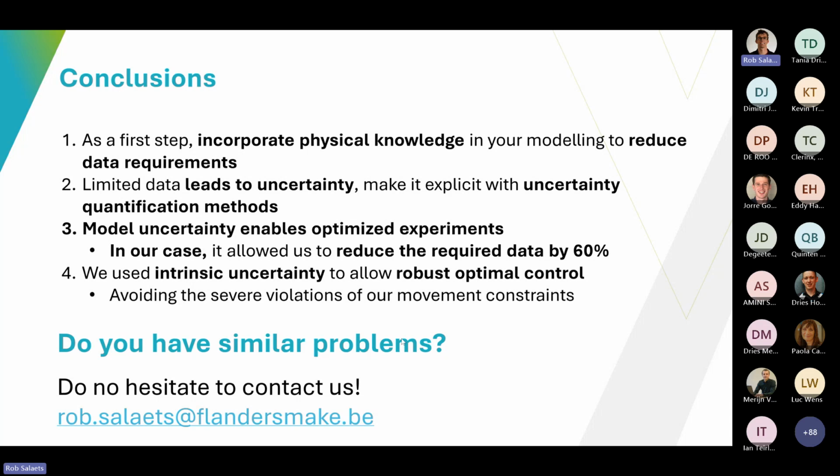Model uncertainty can enable optimized experiments. And in our case, and of course every case is different, we could achieve the same error with 60% less data. We also used intrinsic uncertainty to allow robust optimal control, avoiding violations of our strict movement constraints.